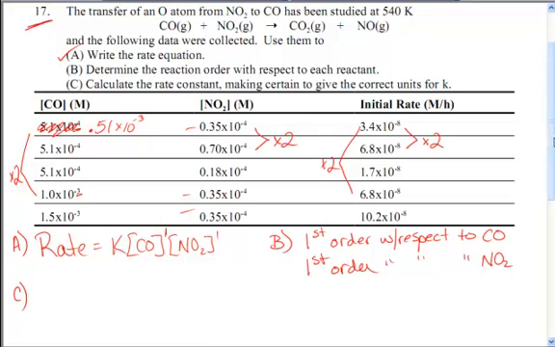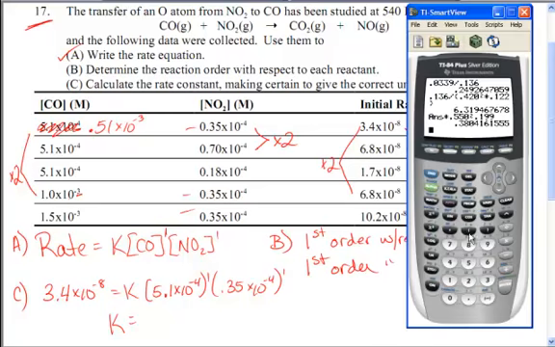Plug in everything in the first reaction, first experiment. 3.4 times 10 to the negative 8 is equal to K times, you can use either the number that they started with or the number you changed to. It doesn't matter. To the first times NO2, which is 0.35 times 10 to the negative 4 to the first as well. Again, it's chemistry. You don't have to write the ones if you don't want to.